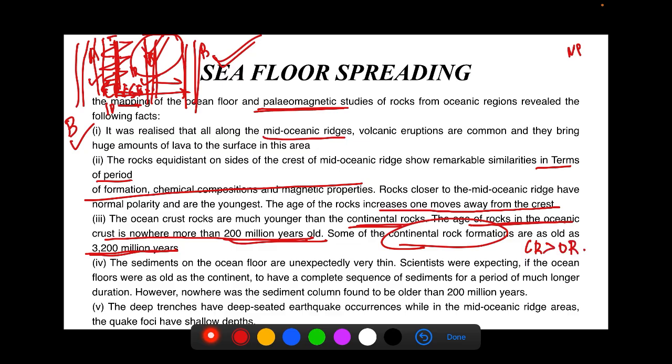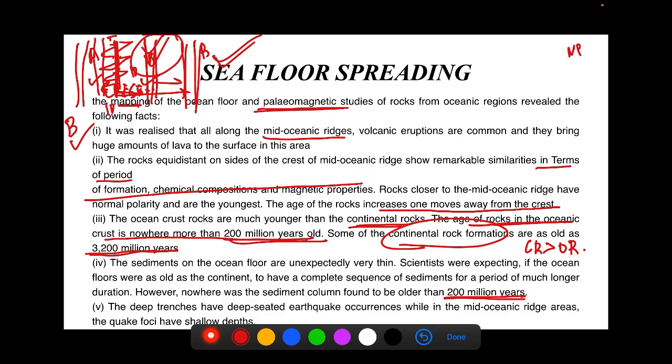The next point that we have to discuss is that the sediments on the ocean floor are unexpectedly very thin. Scientists were expecting, if the ocean floor were as old as the continent, to have a complete sequence of sediments for a period of much longer duration. However, nowhere was the sediment column found to be older than 200 million years.